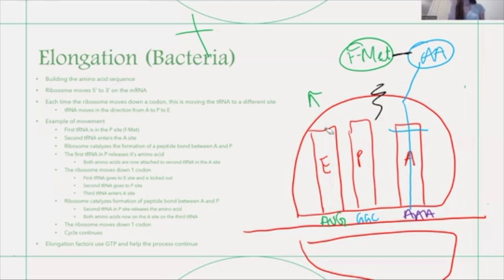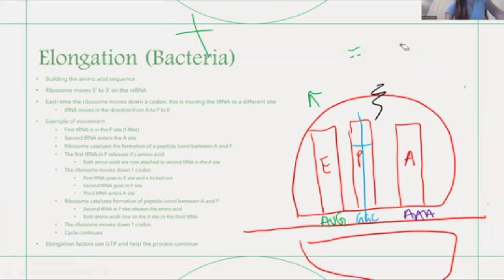But we also need to move our blue tRNA over because it's complementary to GGC. So I'm going to move that over. And I'm also going to move over its little sequence that's attached to some amino acid and F-methionine.